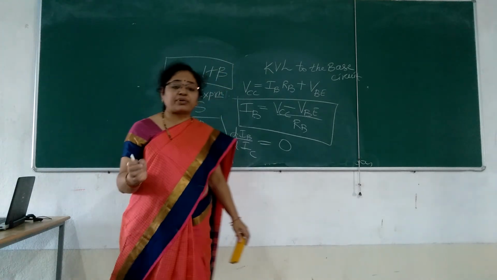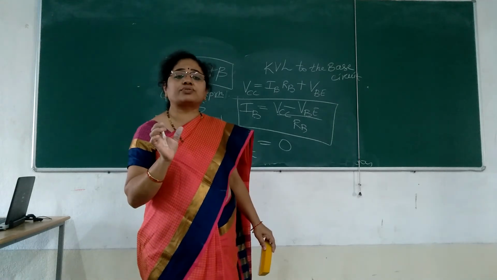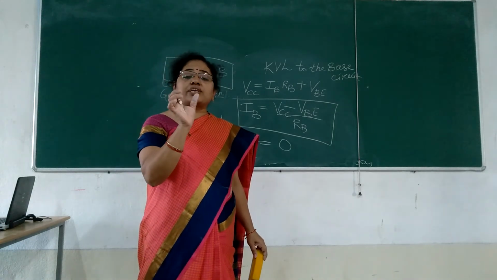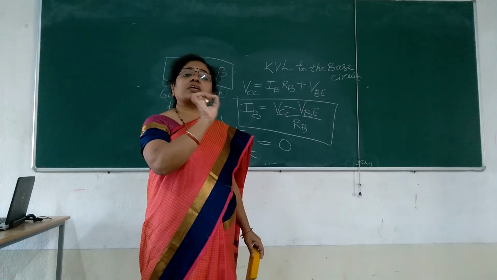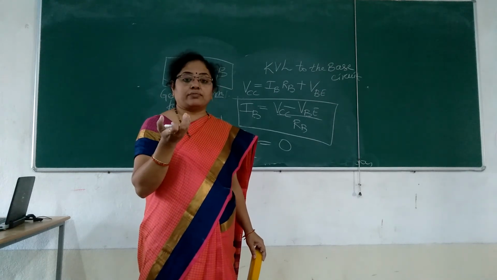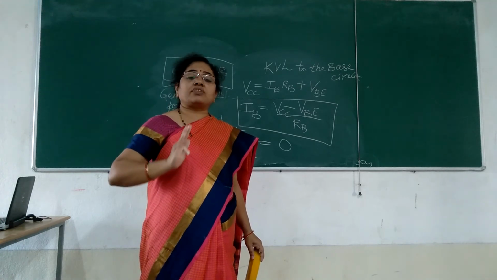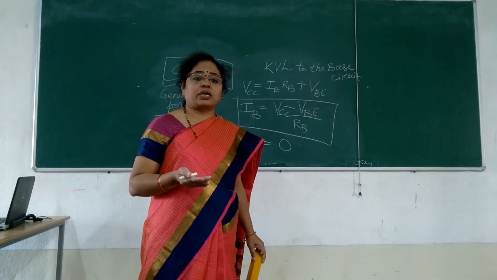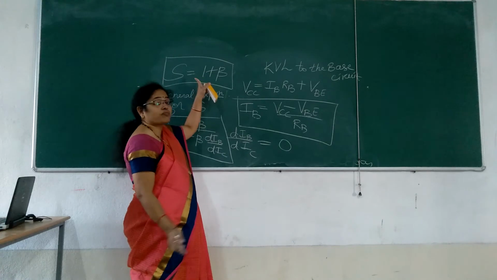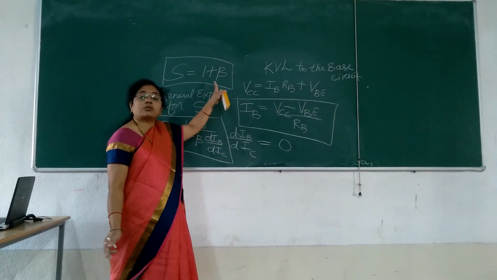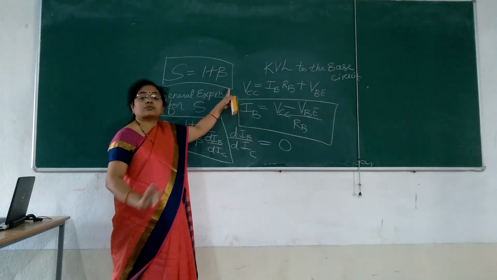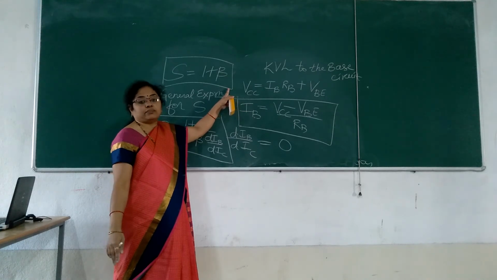What is the range of beta values? Beta values range from 20 to 300. It is very high. That is the reason why common emitter is extensively used, or more popular. Now this high value of the stability factor, S equals 1 plus beta, is not at all a desirable quality.